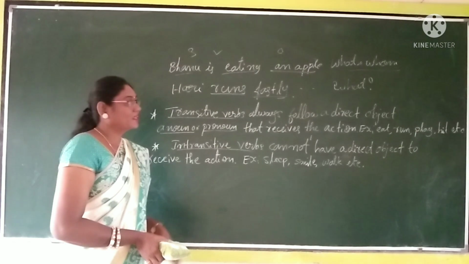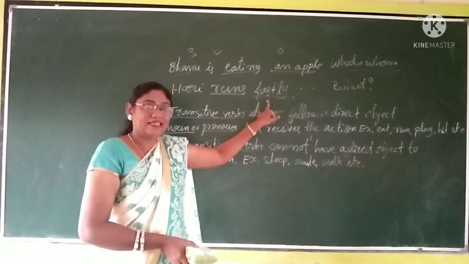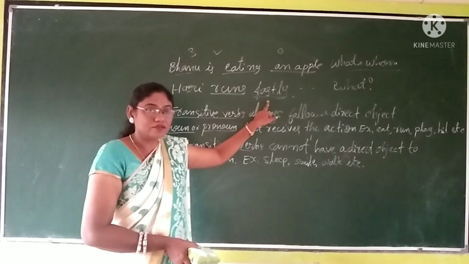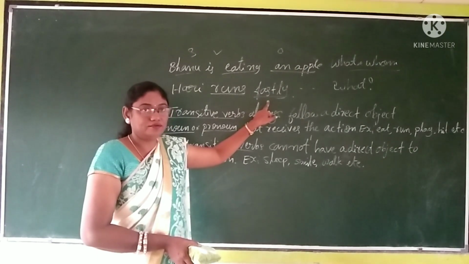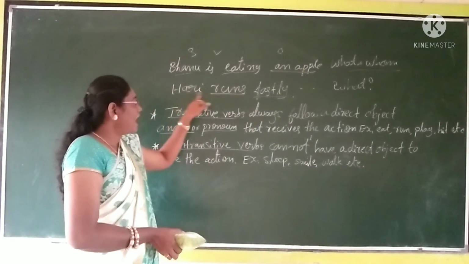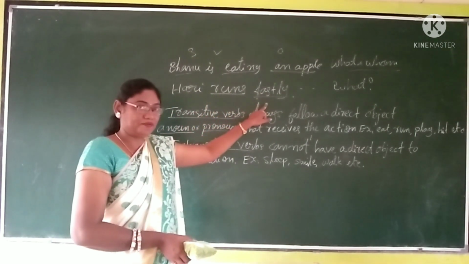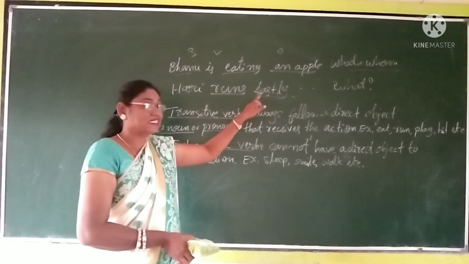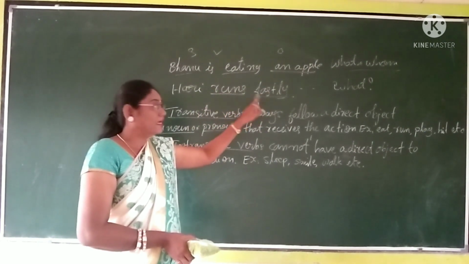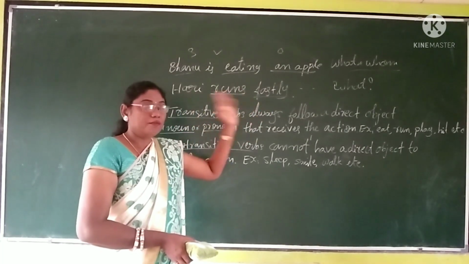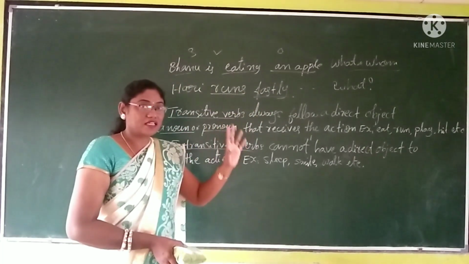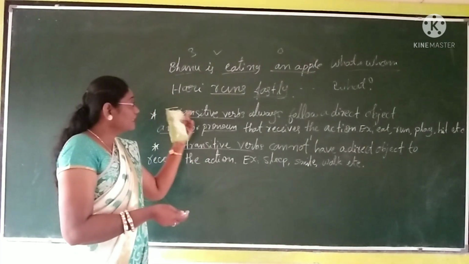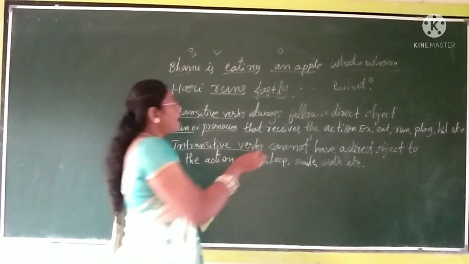Fastly here functions as an adverb, not a noun or pronoun. So, Hari runs fastly. Even if I write the complete sentence, this is not considered a transitive verb because it does not answer the question of whom and what. It will be the answer of how.